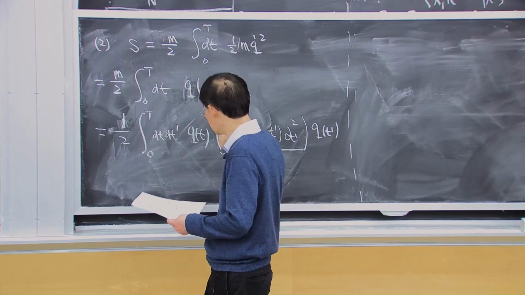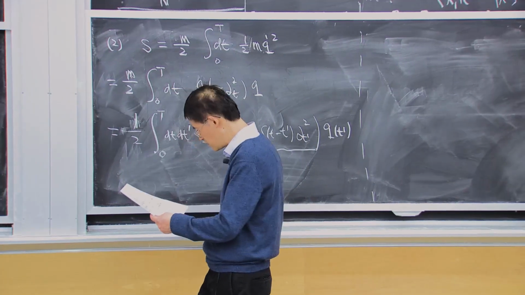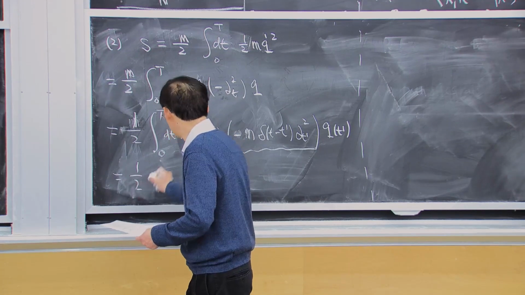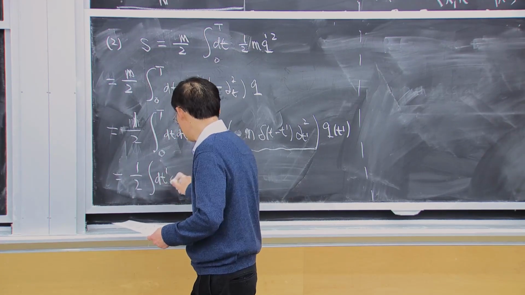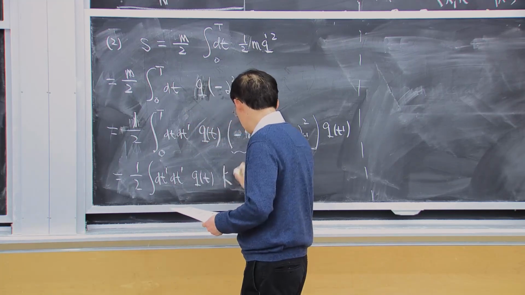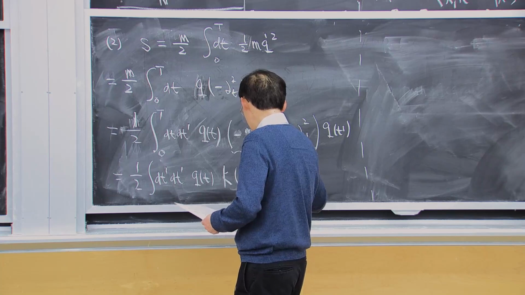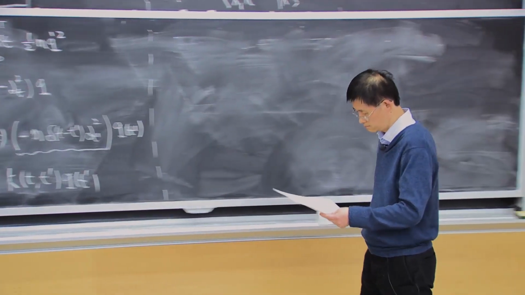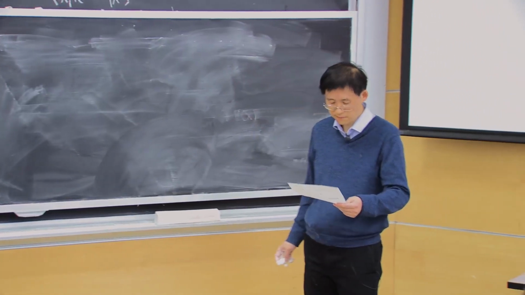So here we can just write 1/2 integral dt dt prime q(t) k(t, t prime) q(t prime).